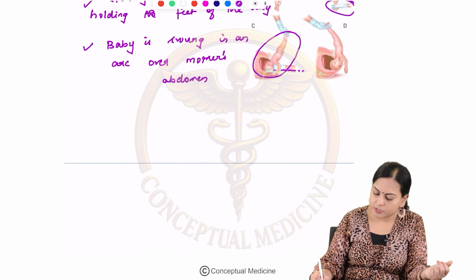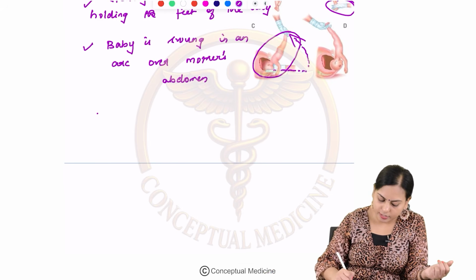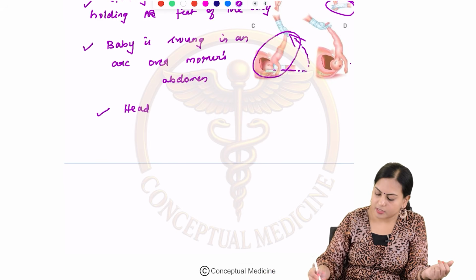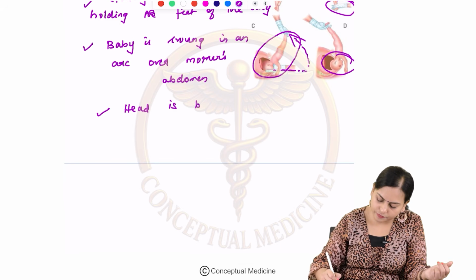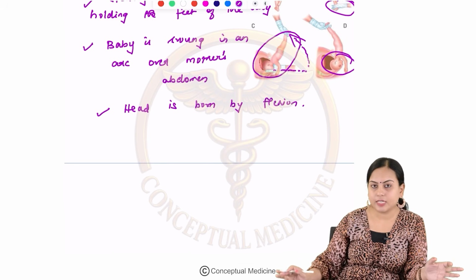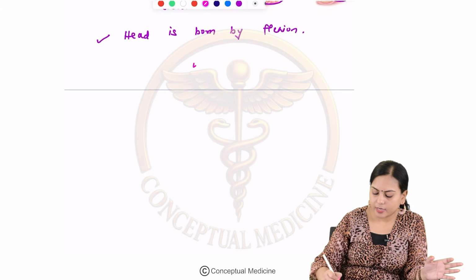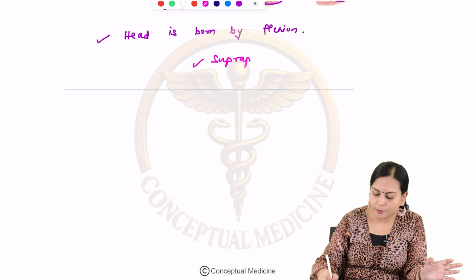From this position, they have made an arc. Then the head will be borne by flexion. If needed, in this case, you can even ask for suprapubic pressure by an assistant.